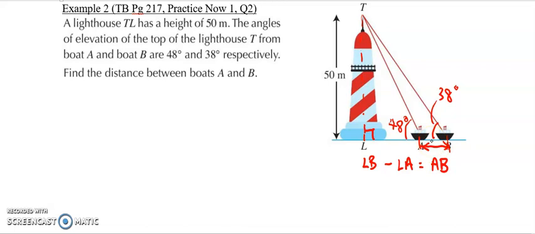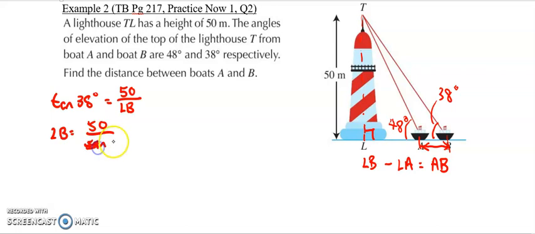For length LB, we make use of the big right angle triangle. Tangent 38 degrees will be opposite, which is 50, over adjacent LB. So LB equals 50 over tangent 38 degrees.